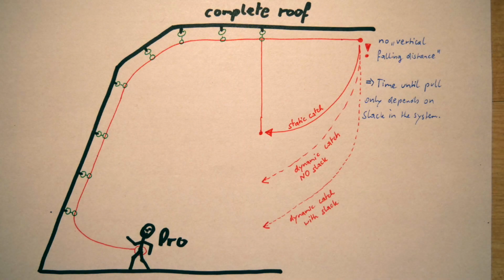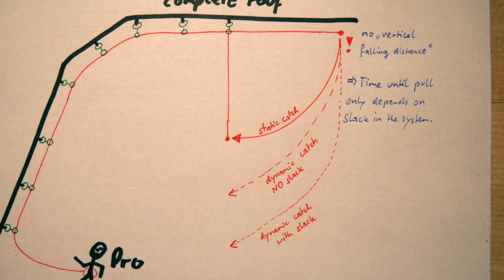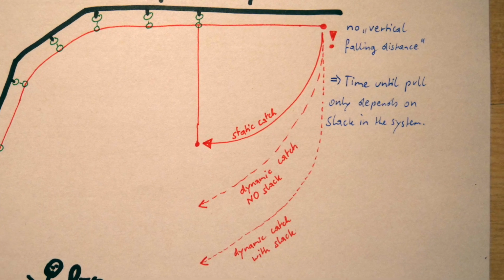I also said vertical distance for a reason, because let's assume we have a complete roof. The distance between the climber and the last clipped quick draw might be great, but the vertical distance can still be zero. Therefore, the climber will pull on the rope instantly as soon as he falls, first with little force and then with more and more force.